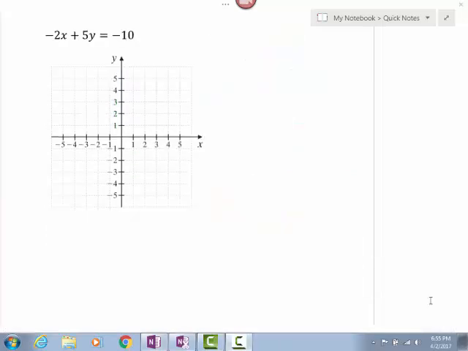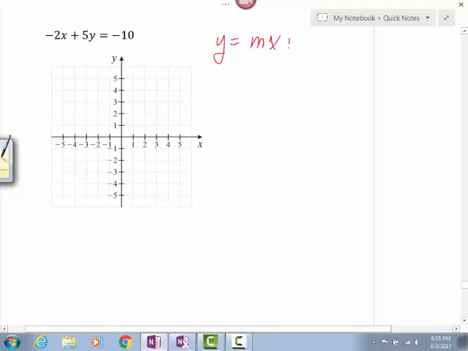Going on to my next problem, I'm still graphing here, so my first step again is to write out y equals mx plus b, and I'm going to write my equation right underneath it, negative 2x plus 5y equals negative 10. I want to solve the equation for the letter y, so I'm going to add 2x to both sides.